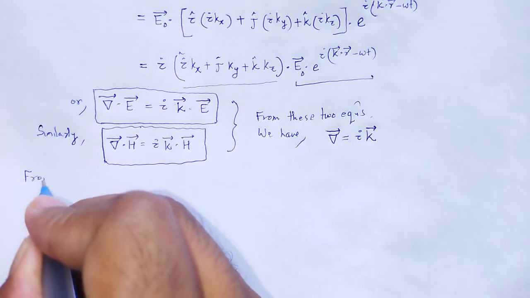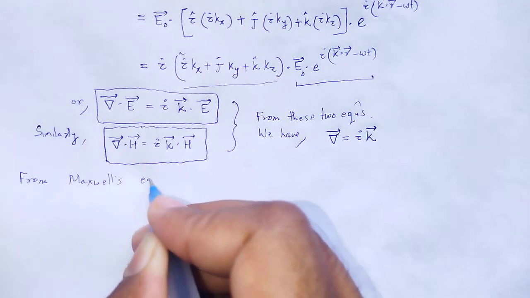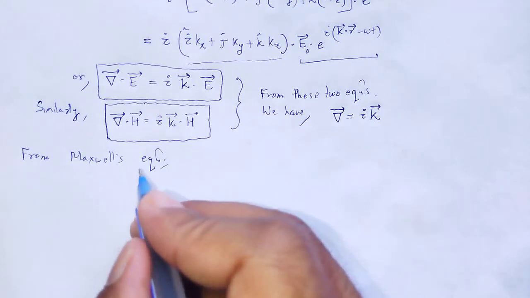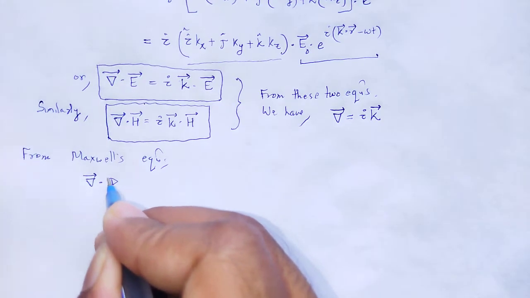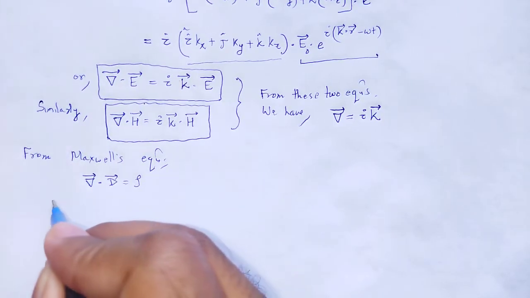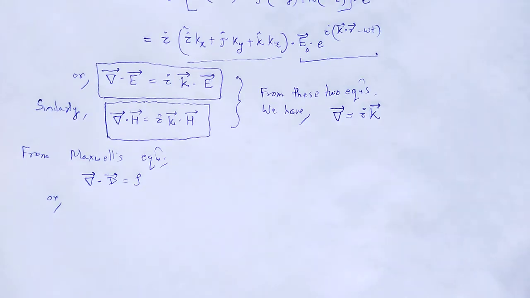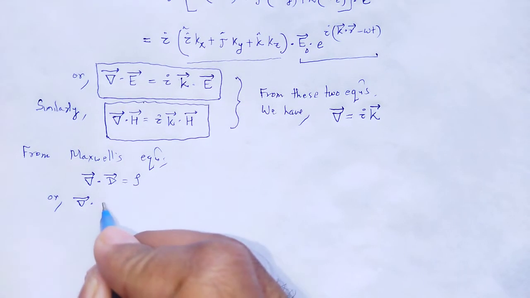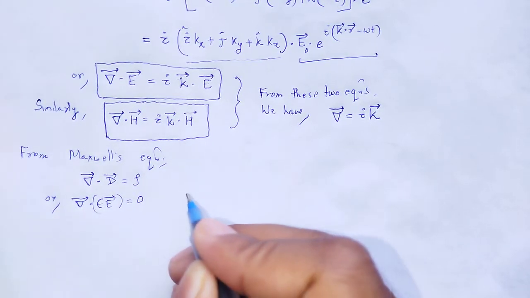From Maxwell's first equation, grad dot D is equal to rho. For vacuum, as we consider that plane electromagnetic waves propagate through vacuum or free space, in place of D we write epsilon E vector, and rho will be 0.